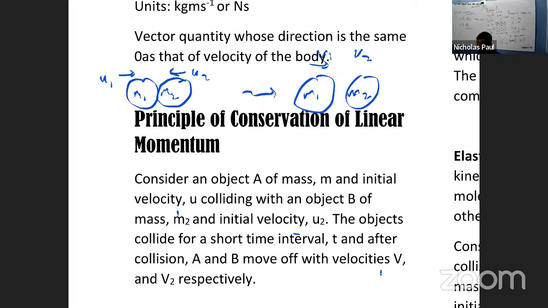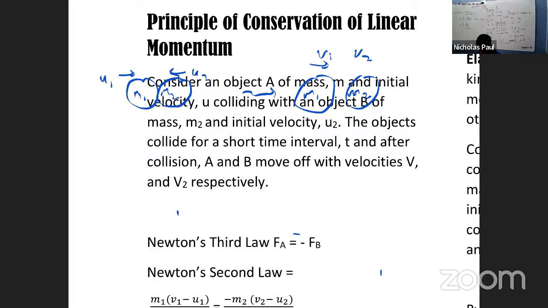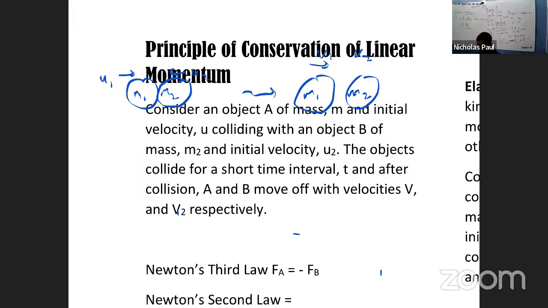And draw the diagram. Draw it small. Just see if we can draw a diagram and start writing, and we can do that together. M1, M2 and they collide.